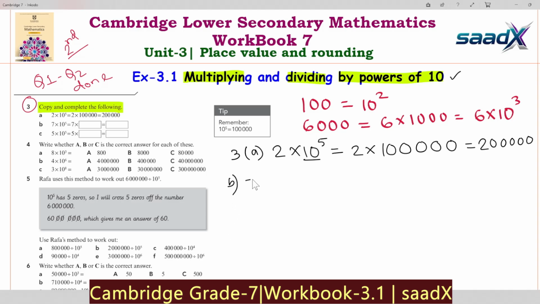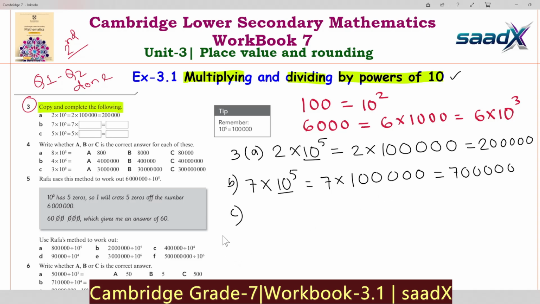It means 7 times 10 to the power 5. It's a similar thing: 7 times 1 followed by 5 zeros, which means 7 and then 5 zeros.